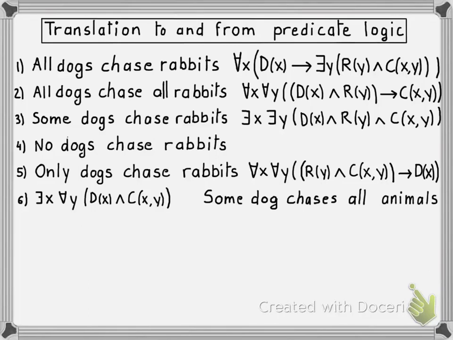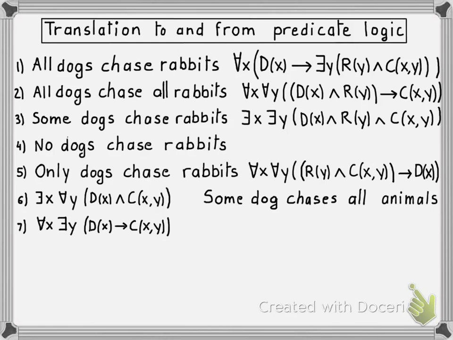Now let's attempt a second translation from predicate logic. For all X, there exists Y such that D of X implies C of XY. So the first thing to realize is it starts in the usual way. For all X, D of X implies something. So for all X, if X is a dog, then something.